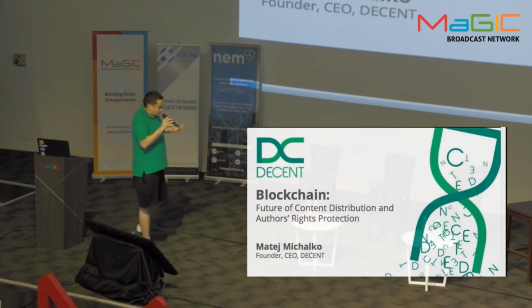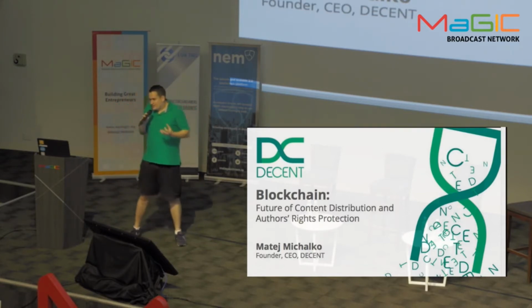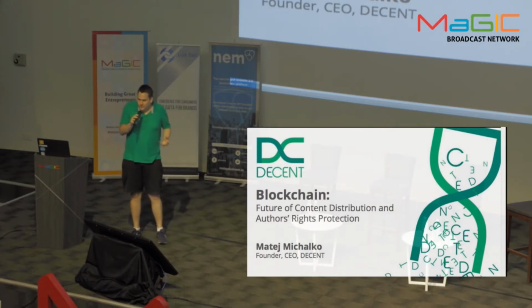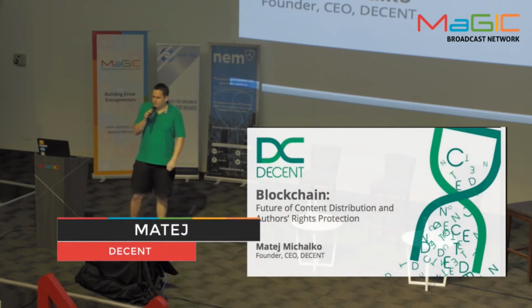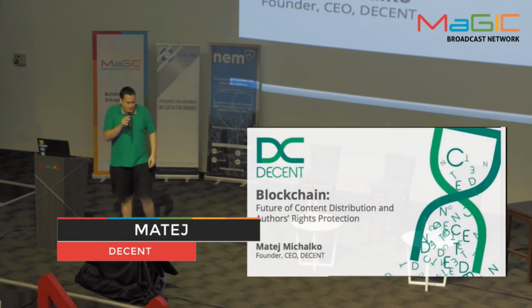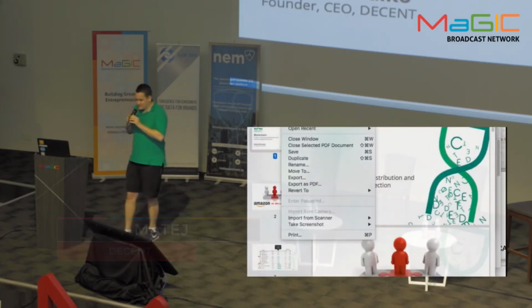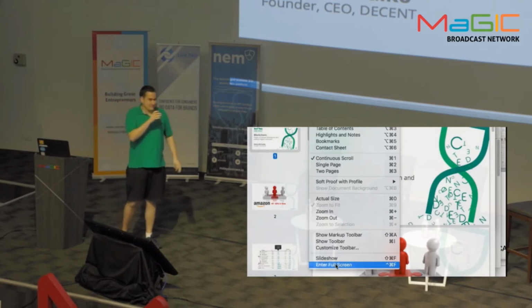In my opinion, if there is a real use case for a technology and this use case is validated by the actual business, then those are the companies that will survive. So this is what I would like to talk about today. Probably I will be mistaken, but I can be corrected afterwards during the panel discussion.